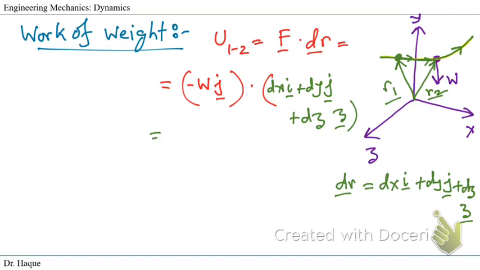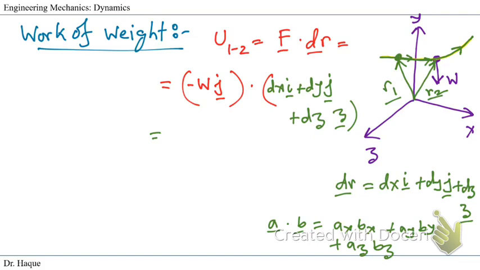When we do the dot product of vector A with vector B, it's ax bx plus ay by plus az bz.